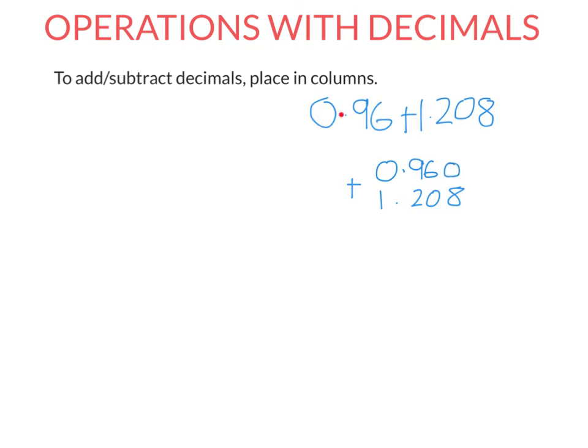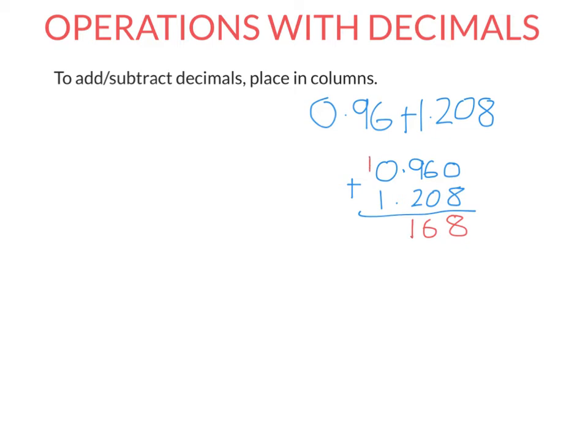You know that 0.96 and 0.960 are the same number. Now we're going to add in columns starting from the right. 0 plus 8 gives us 8. 6 plus 0 gives us 6. 9 plus 2 is 11, so we put a 1 here and we carry a 1.